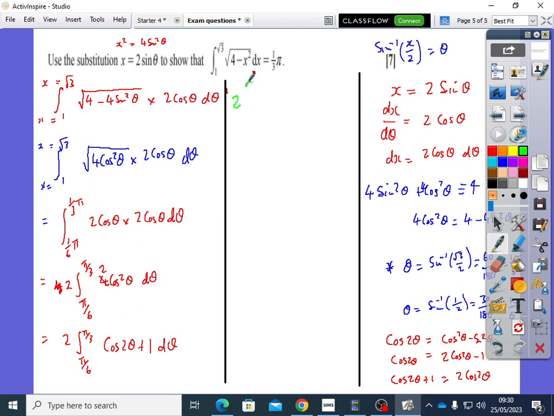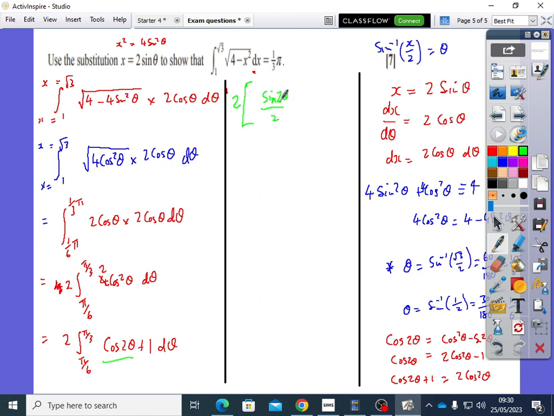The integral of cos 2 theta: sine goes to cos, so the integral of cos is sine, a positive sign, so that's going to be sine 2 theta. Always think about differentiating. Sine 2 theta will go to cos 2 theta, and then you times it by 2, so you need to divide this by 2. You need to do the reverse. That's the way we integrate here.